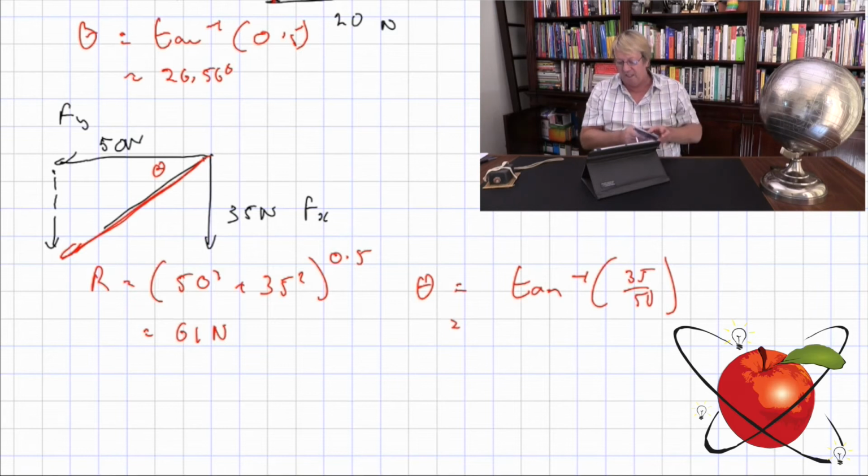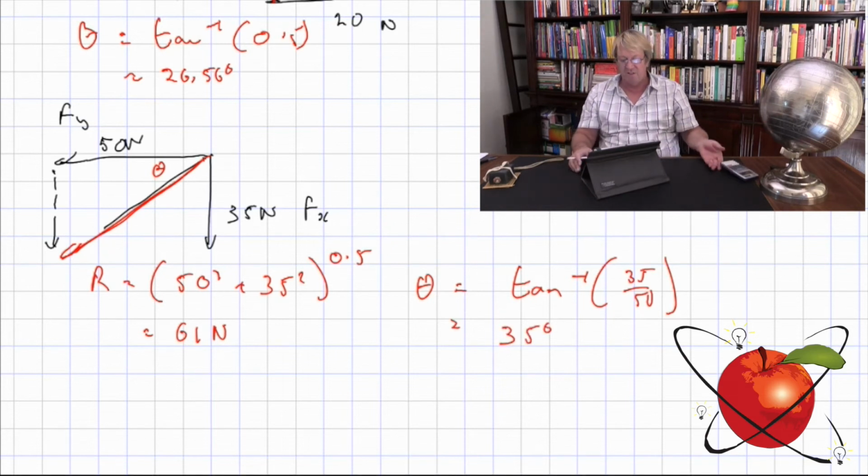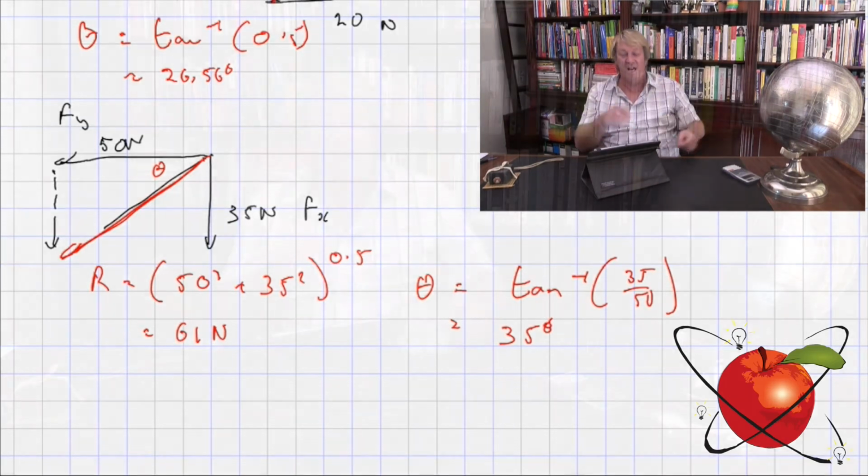So the angle is going to be shift tan of 35 divided by 50, which is 34.99. I think we can call that 35 degrees. Okay. So this one is going to be moving down at 35 degrees and a force of 61.